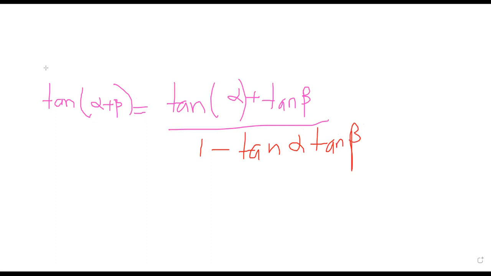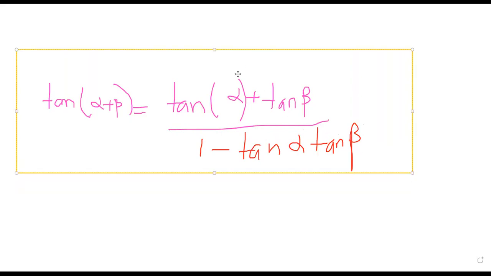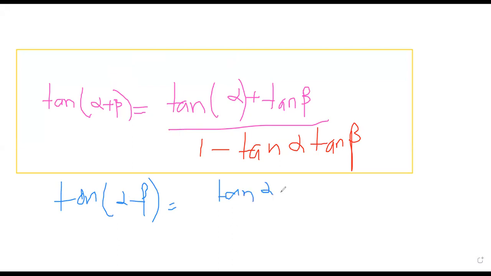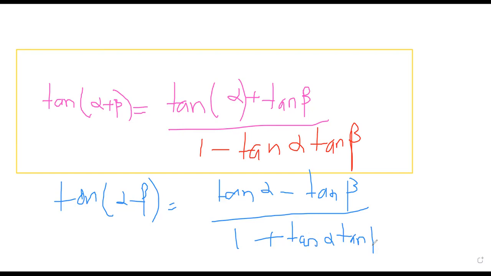Similarly, the formula for tan of alpha minus beta will be equal to tan alpha minus tan beta divided by 1 plus tan alpha tan beta. So this is the formula in tan of theta.